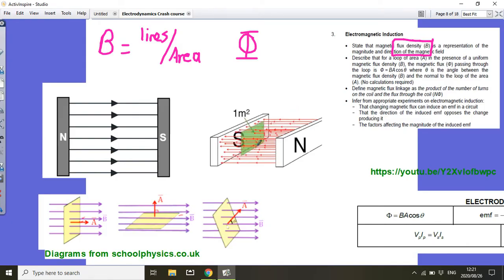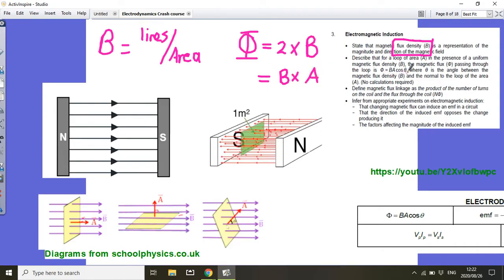So if you have 10 lines in that little block and you add another little block next to it that's still inside this magnetic field, then there are going to be 2 of these blocks. So you're going to say 2 times the number of field lines there, so 2 times B. And that is why flux is B times the area, B times A.